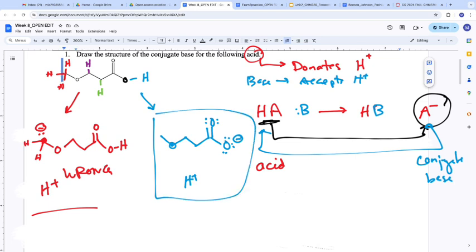There's our conjugate base. How do I know that's a base? What does the base need to do? Accept hydrogens. Where would it accept hydrogens? Yeah.